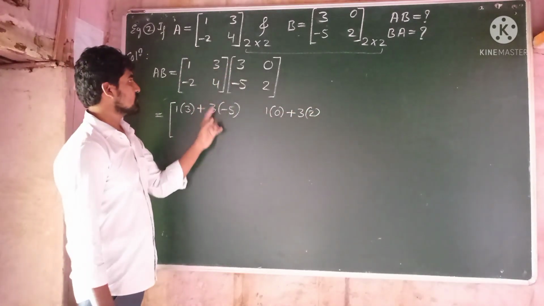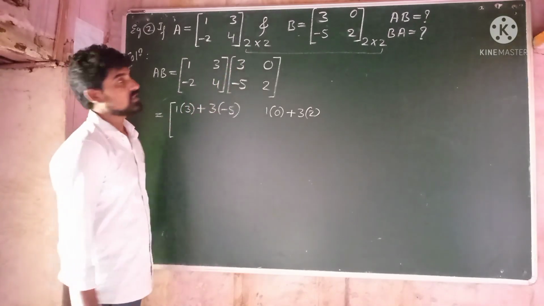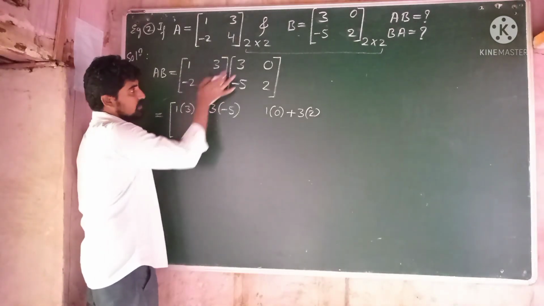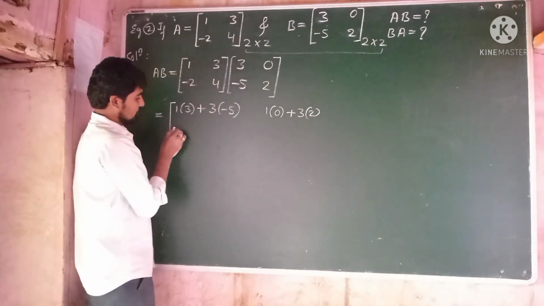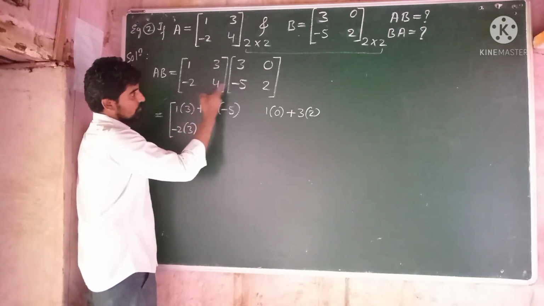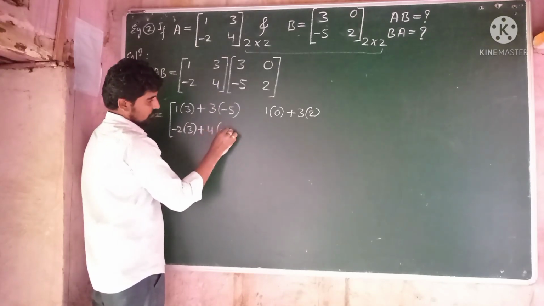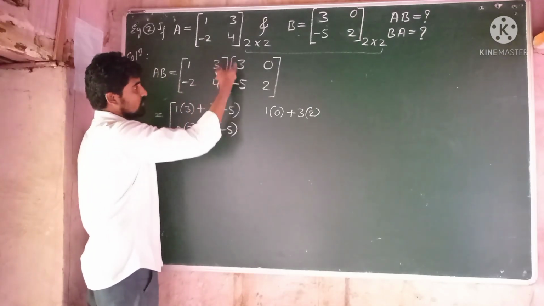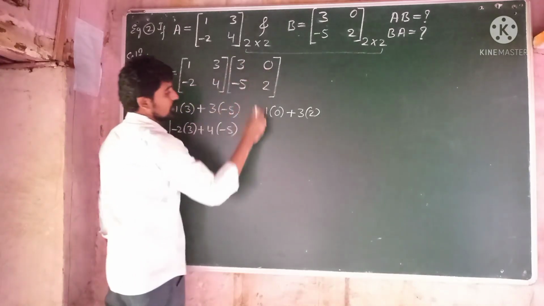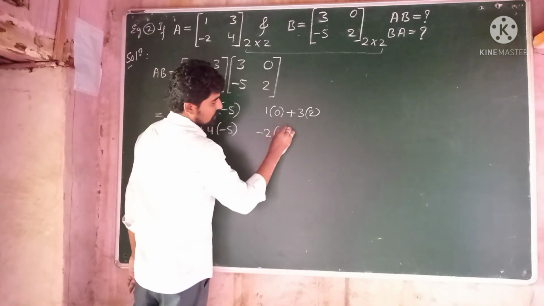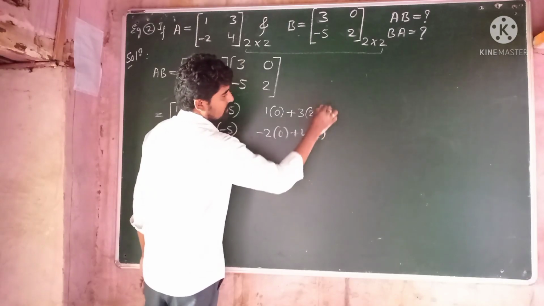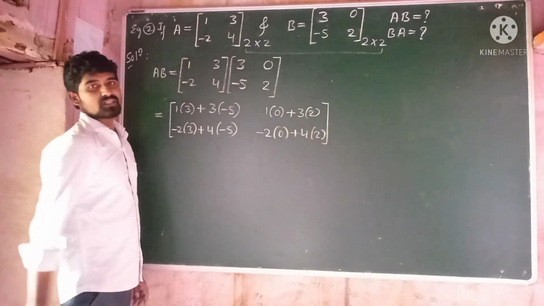So first row first column and first row second column are completed. All the columns of the first row are completed. Next, second row first column: minus 2 into 3, plus 4 into minus 5. So second row first column is complete, and then second row second column: minus 2 into 0, plus 4 into 2. So all columns of the second row are completed.